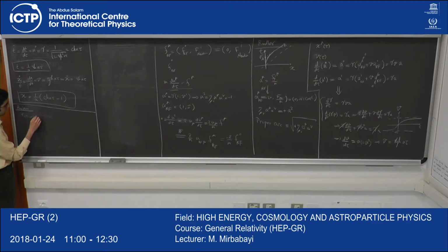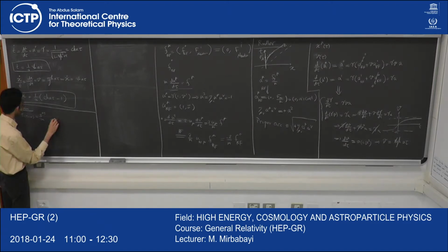Then t will go as 1/2a e to the a tau. I'm just using the asymptotic behavior of sinh and cosh.